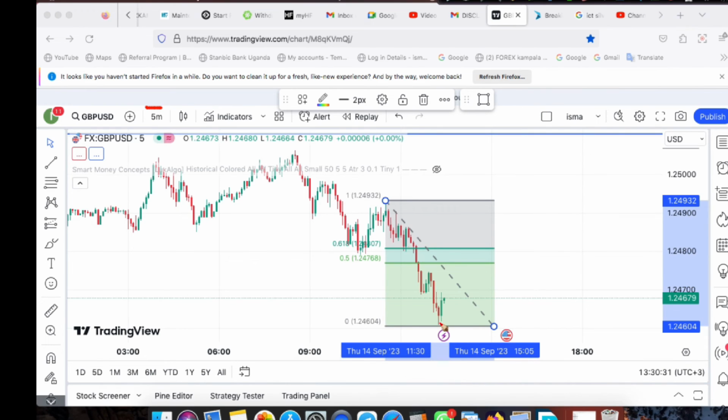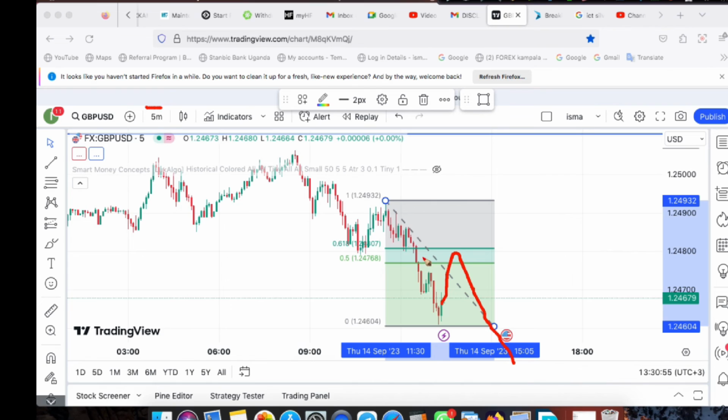So we wait for this market to come. Once it reaches the golden levels, then we put our sell order, expecting the market to come further down like this. So we look for possible support, supply or demand levels that may be within the equilibrium or the golden zone, and have a reason why we should sell at this particular point.